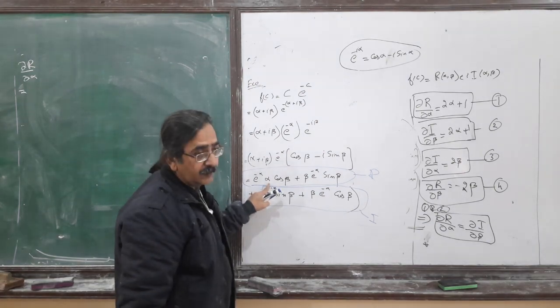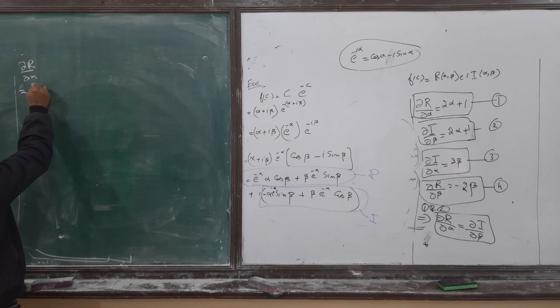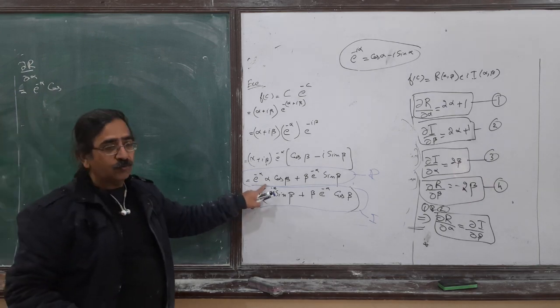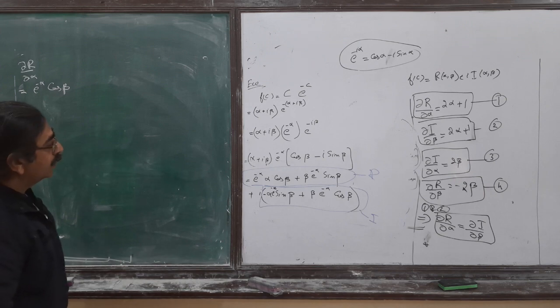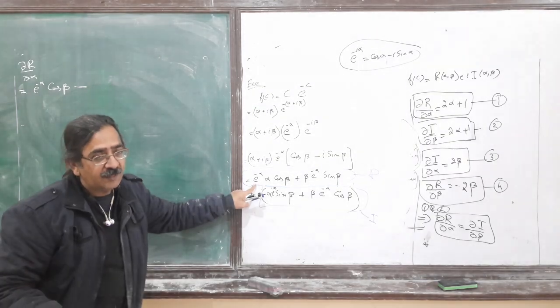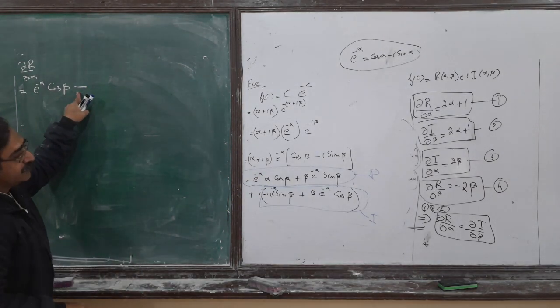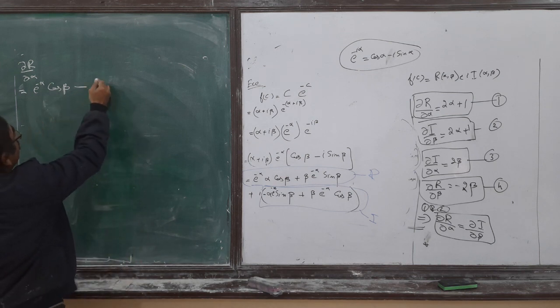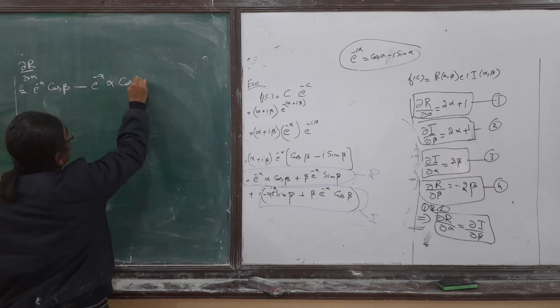Firstly, e to the minus alpha cos beta. Taking the derivative with respect to alpha, that will be cos beta times the derivative of e to the minus alpha, which is minus, so that will be a minus e to the minus alpha cos beta.